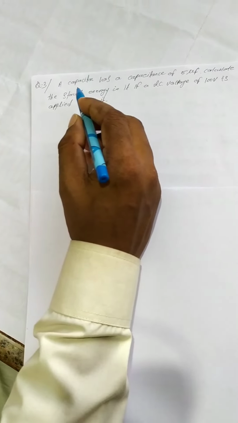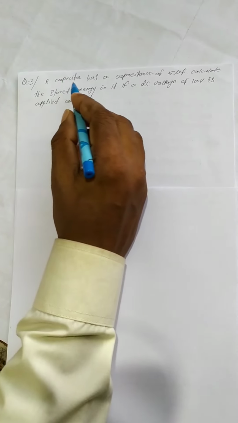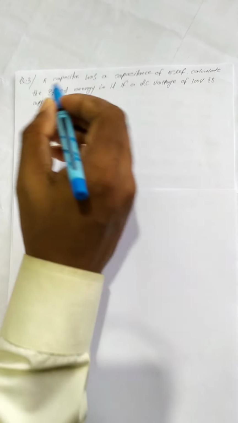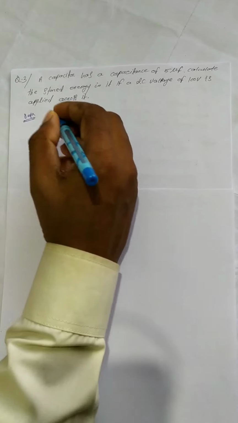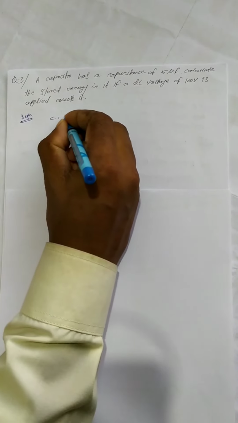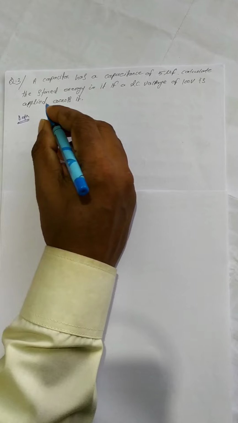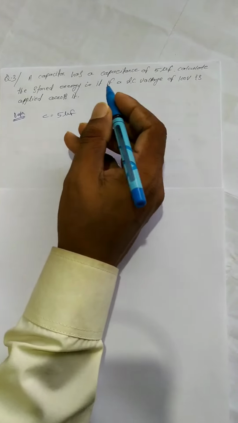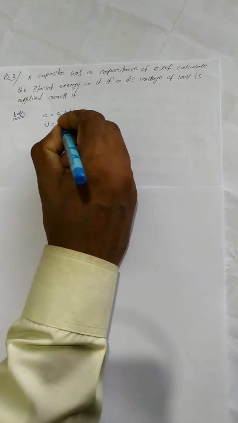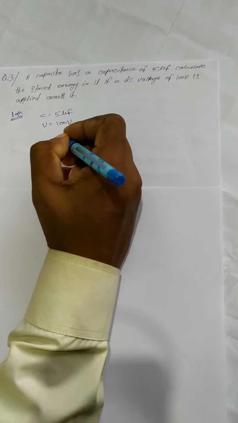This is the next question. A capacitor has a capacitance of 5 microfarad. C equal to 5 microfarad is given. Calculate the energy stored in it if a DC voltage of 100 volt, V equal to 100 volt, is applied across it.